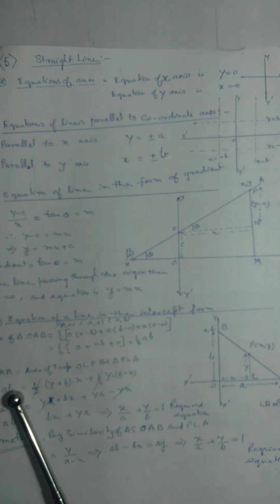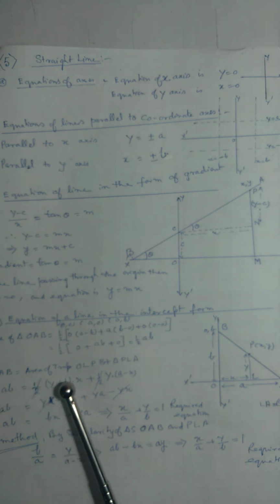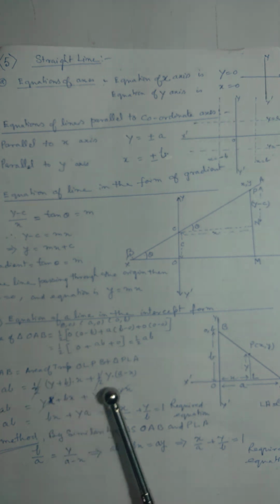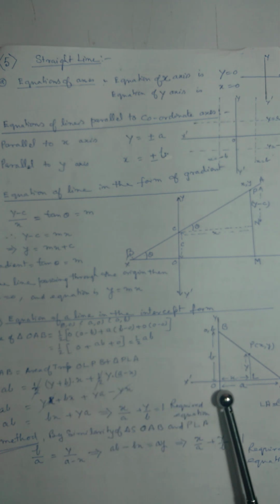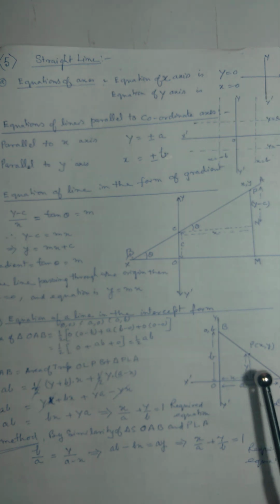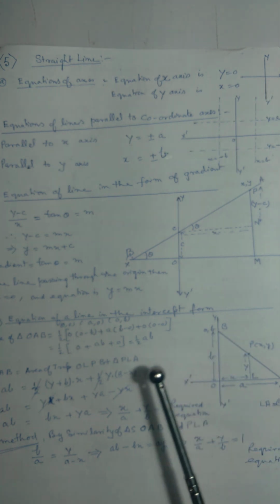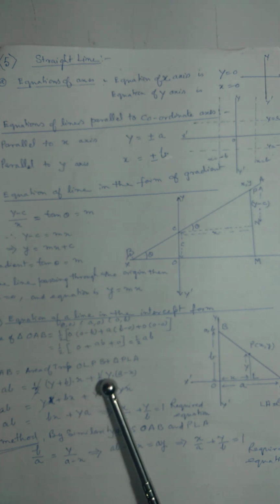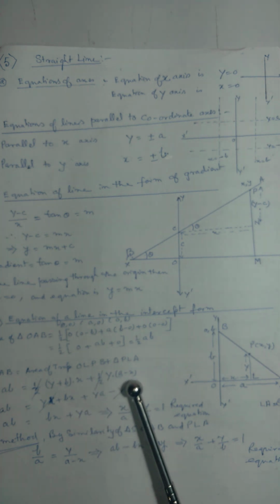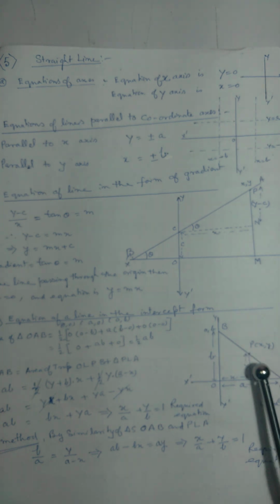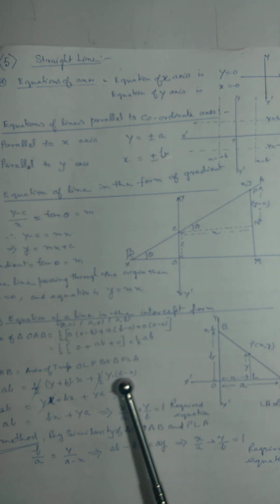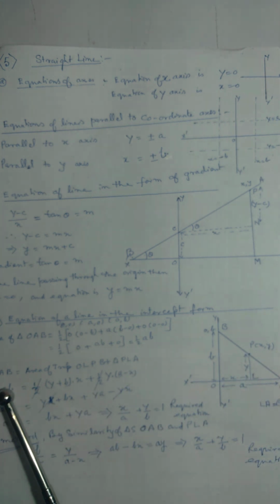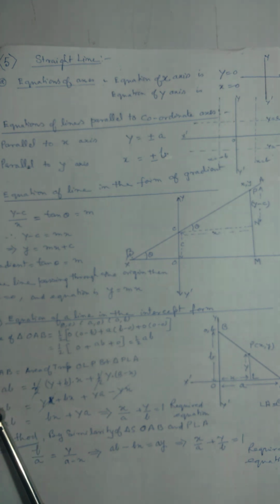Area of the triangle OAB is equal to the area of trapezium OLPB plus area of the triangle PLA. So the area of the triangle OAB is 1 by 2 base into height.